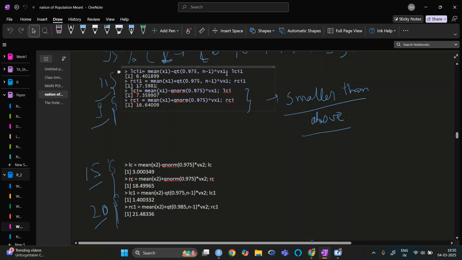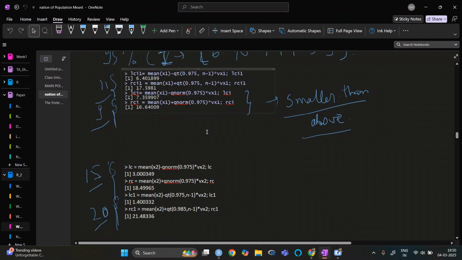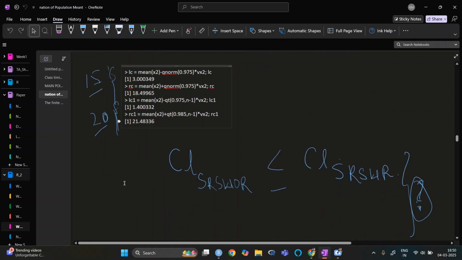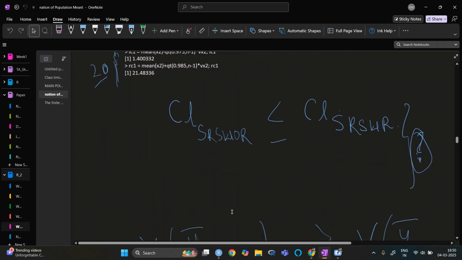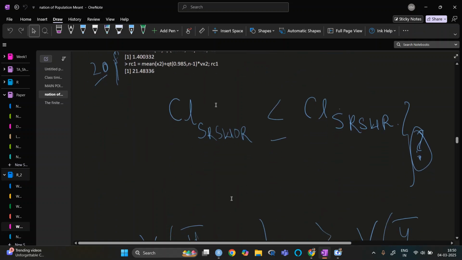The only thing that matters is the variance part. We have seen that without replacement it is smaller and with replacement it is larger. So the SRSWOR interval is less than the SRSWR interval.